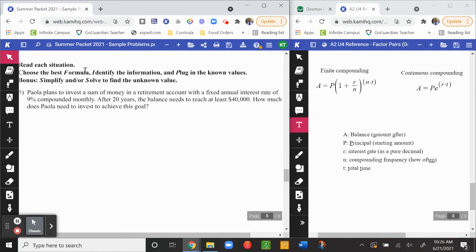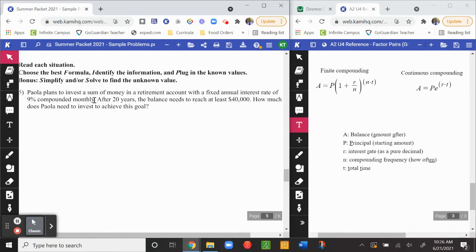Let's start off by choosing the best formula. I've got two options, the finite compounding interest formula and the continuous compounding interest formula. I'm going to scan through the text to see if I see the word continuous or continuously or infinitely. Compounded monthly.